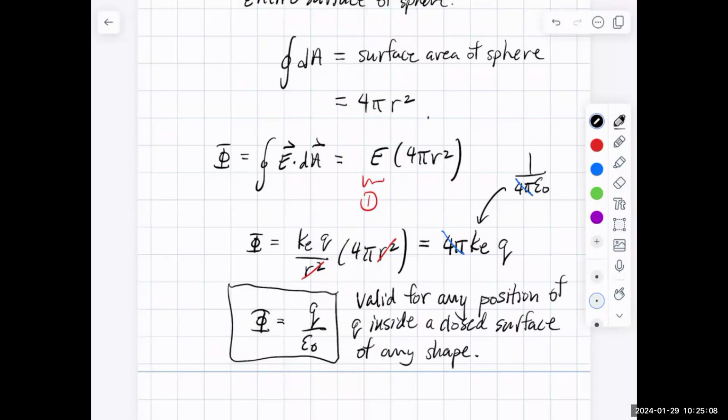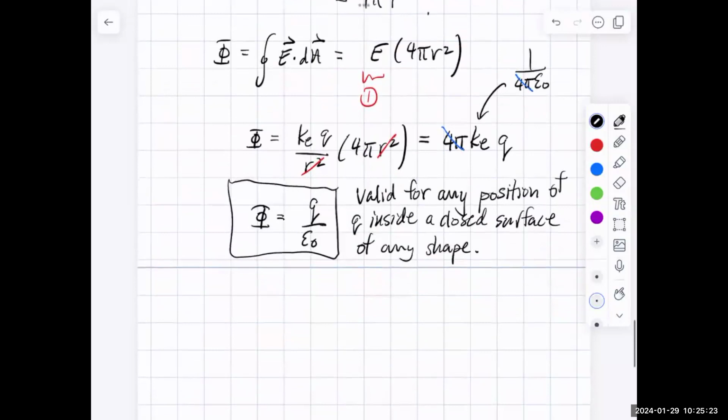What people usually do to emphasize that this charge has to be inside the surface is they label this charge Q as Q enclosed. So it means it's enclosed by whatever surface we're thinking about.